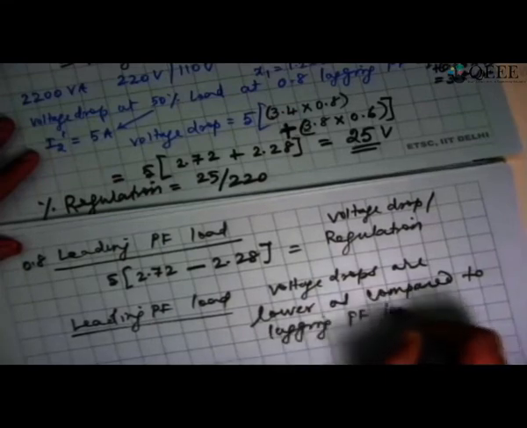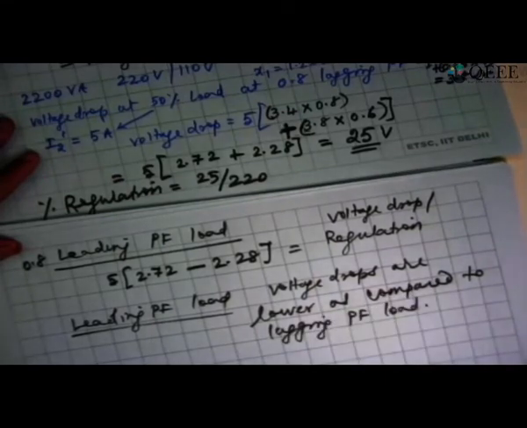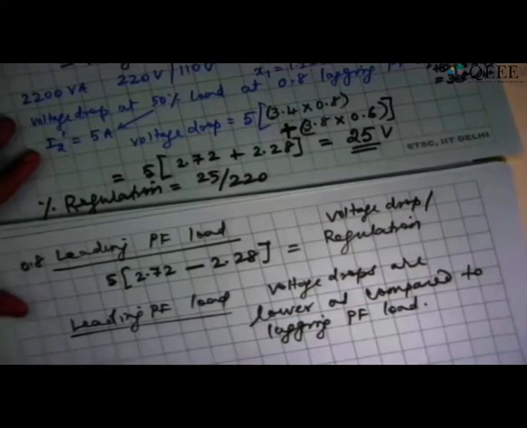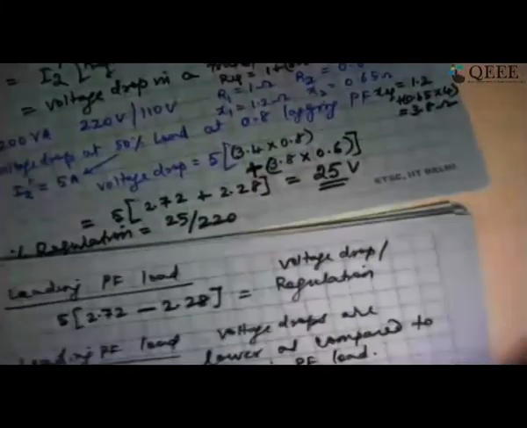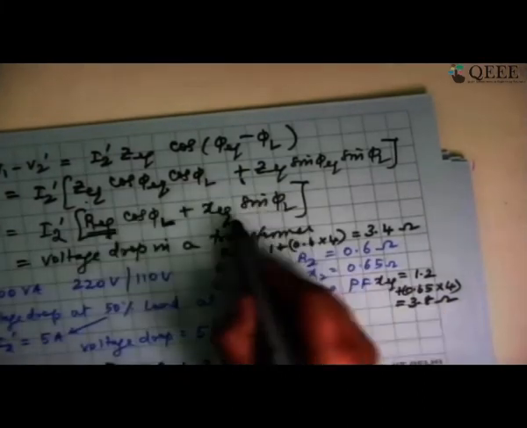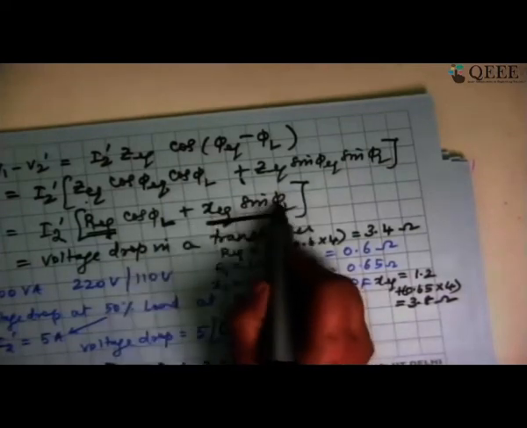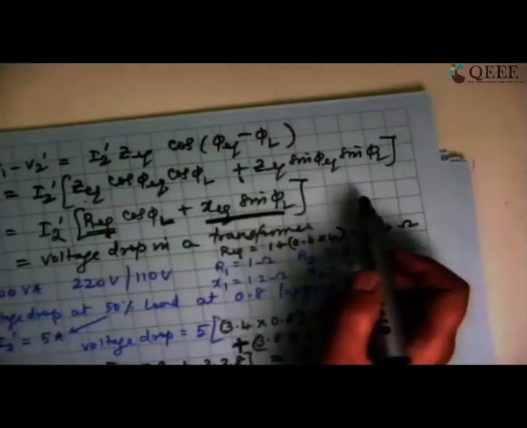Lagging power factor loads will always have a higher voltage drop, whereas leading power factor loads will always have a lesser voltage drop, because if you look at the expression again, the resistance component will always have a positive voltage drop. The reactance component can have a positive or negative voltage drop depending upon whether it is leading power factor or lagging power factor. So these two can cancel out with each other if I am talking about sin phi L to be negative, which is the case with leading power factor.